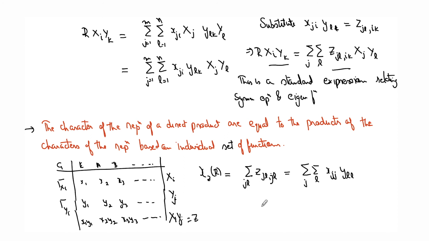Then I can separate this out as summation over j x jj, summation over l y ll, and now this can be written as the character of x under that R and the character of y under that R, right?